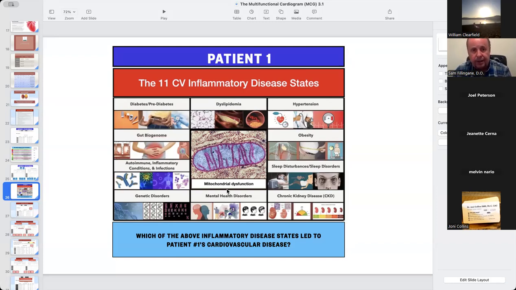However, if you look at the source of the problem, for instance, in type 2 diabetes, the source triggers from a liver that has a lowered tolerance to carbohydrates. And every time that diabetic or pre-diabetic eats more than 25 grams of carbohydrates, there's a switch flipped in the liver.